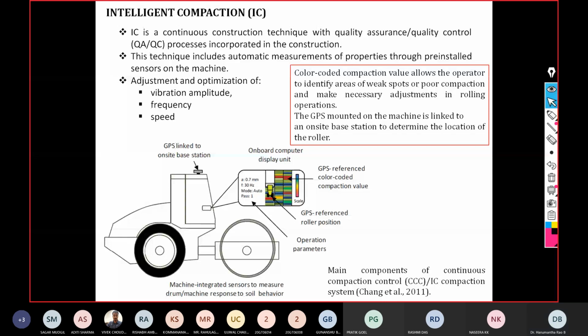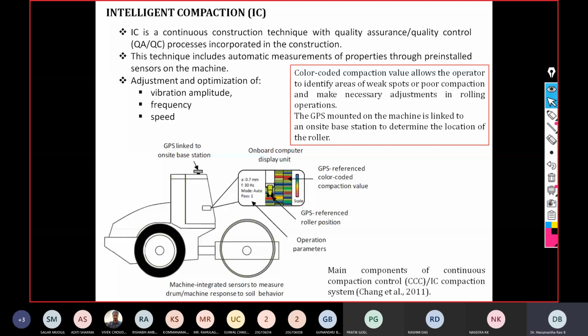In between can be overcome when you go for some kind of intelligent compaction. Here intelligent compaction means, see for example this. So this is the roller.